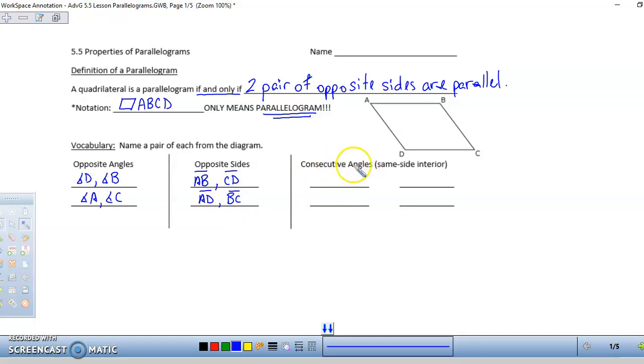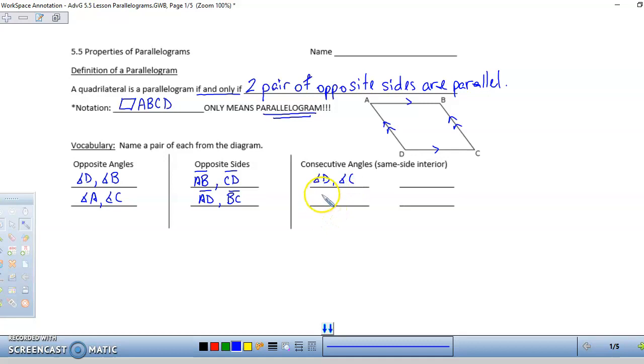Consecutive angles. So consecutive means one right after the other. And it's synonymous with saying they're same side interior. Because remember, if this is a parallelogram, then for example, angle D and angle C would be same side interior. Those are also considered consecutive angles.